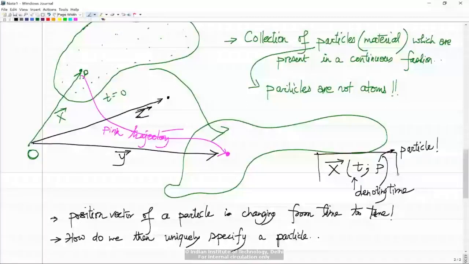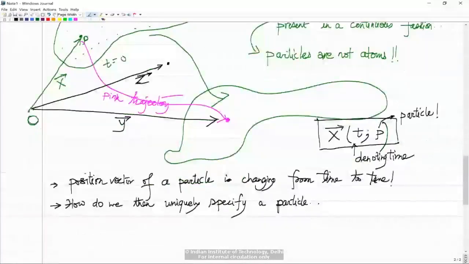This is a function now, which has so many numbers. At different time it has different output. This function of position vector of a particle has different output at different time. And when you are studying a body, you are studying it for a given range of time. And it would be nice if you have one single number which holds for every time for a given particle, isn't it?